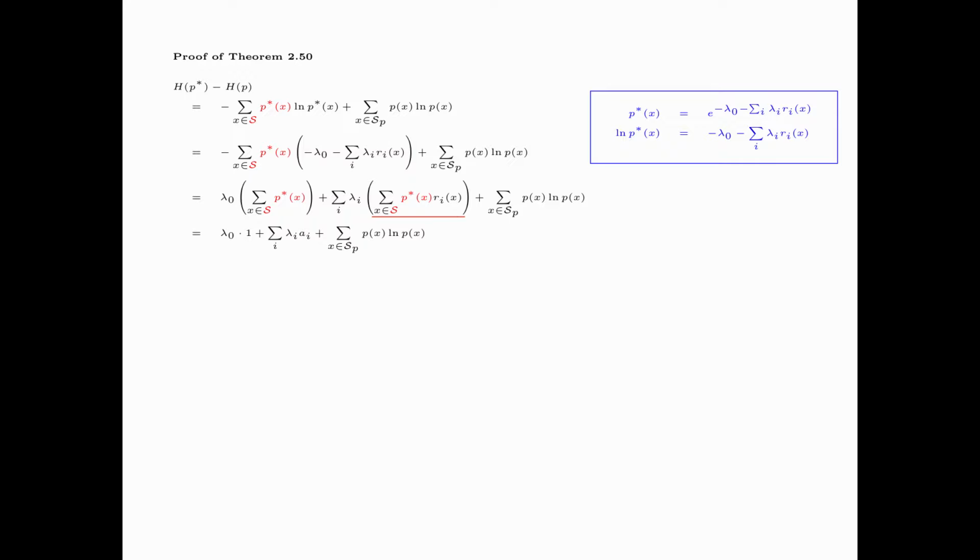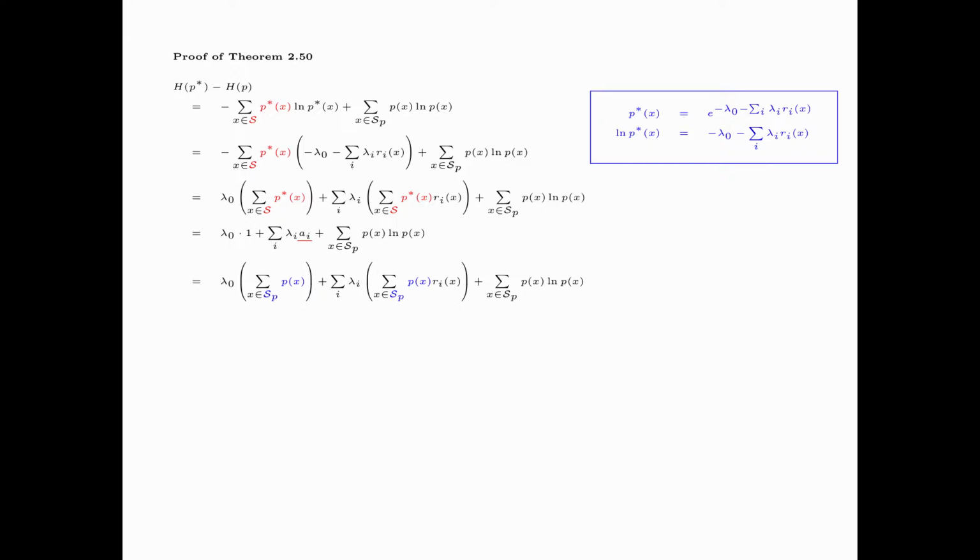And summation x in S p star of x Ri of x is equal to ai, because lambda 0, lambda 1 up to lambda m are chosen such that p star satisfies all the constraints in equation 1. Now for this one, we replace it by summation px over all x in SP.